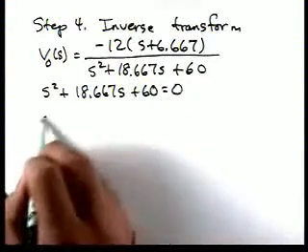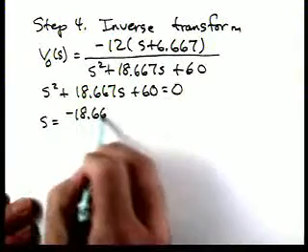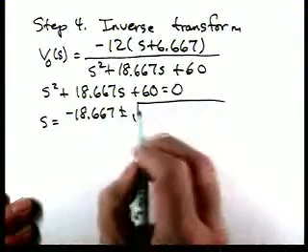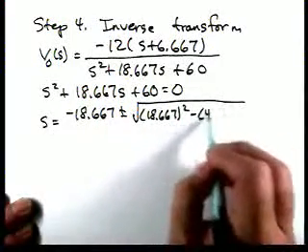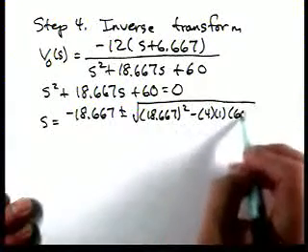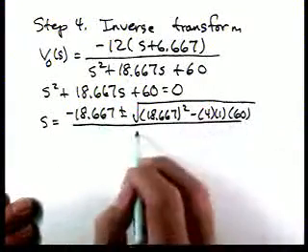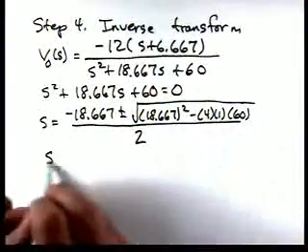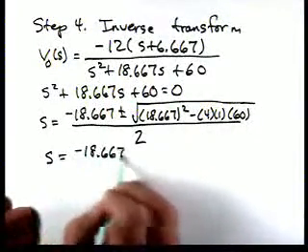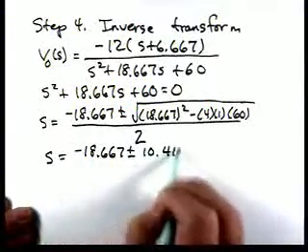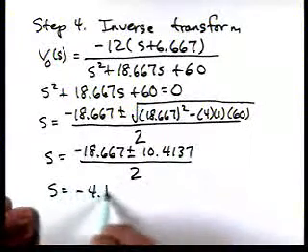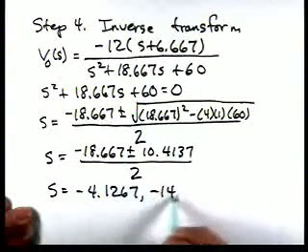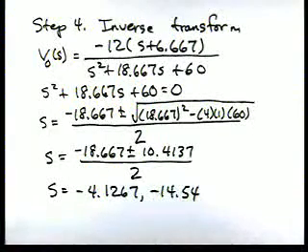So we have S is equal to minus 18.667 plus or minus the square root of 18.667 squared minus 4 times 1 times 60 over 2. So we have S is minus 18.667 plus or minus 10.4137 over 2, and that gives us S is minus 4.1267 and minus 14.54. So we have two distinct roots this time. We don't have any complex conjugate roots.